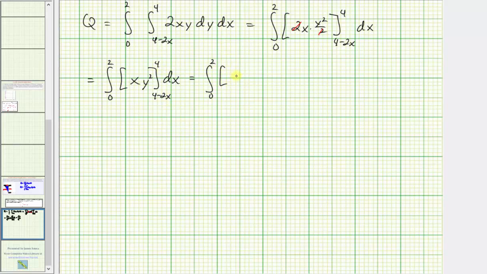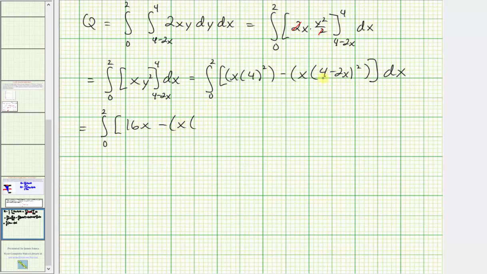So when y is equal to 4, we would have x times 4 squared. And when y is equal to 4 minus 2x, we'll have x times the quantity 4 minus 2x squared. So here we'll just have 16x. And here we're going to have minus x times the quantity 4 minus 2x squared, which is 16 minus 16x plus 4x squared.